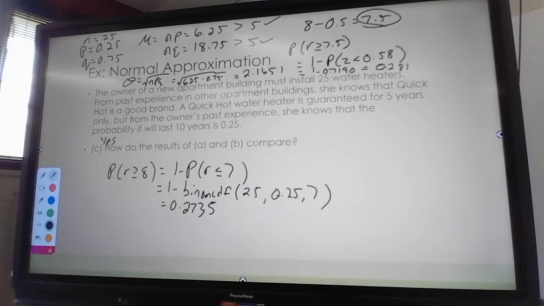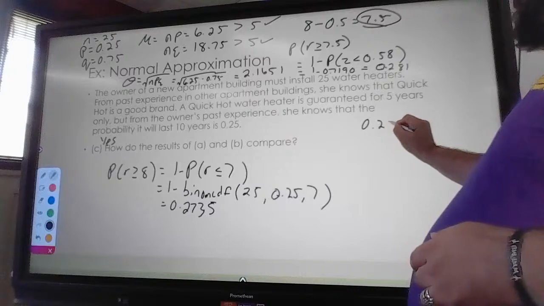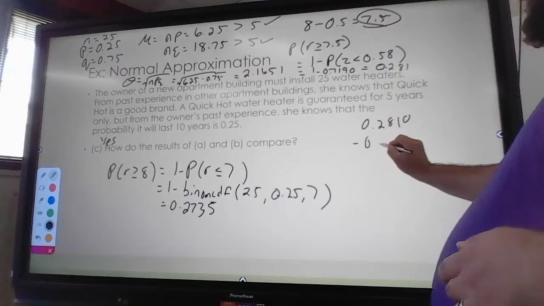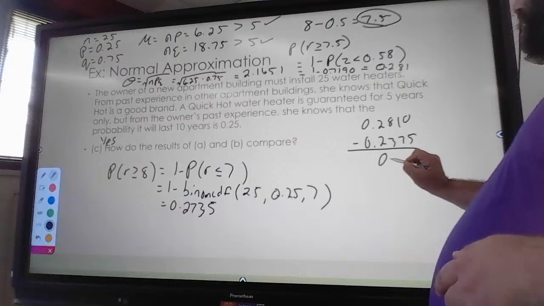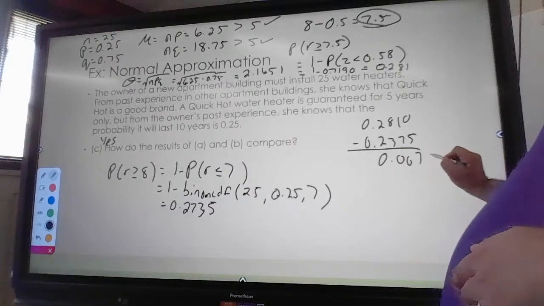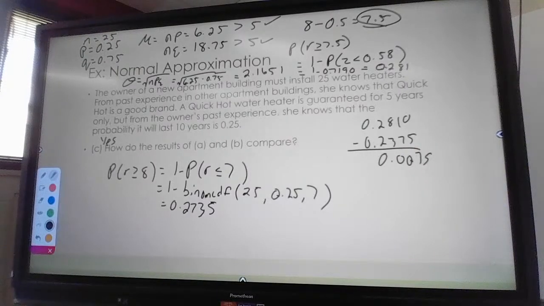So the error is only about 0.0075. If I took the difference between the two, 0.2810 minus 0.2735, I get a value of 0.0075, which in practical cases is usually negligible.